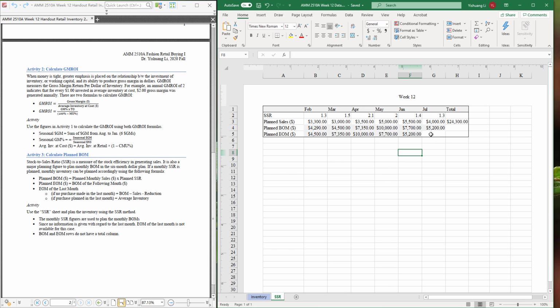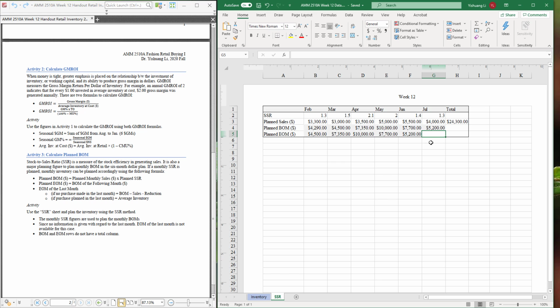One thing I would like to mention is that for the last month of the spring season, we still don't know what the planned EOM would be. It could be a predetermined number. It could be a number that we calculate based on BOMs, planned sales and reductions, and it could also be the average inventory.